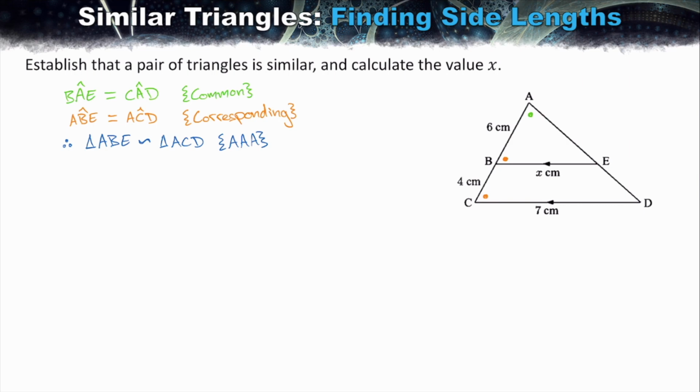What we know about these two triangles now is the ratio between the sides of them will be equal to each other. So you could look at the ratios of corresponding sides, which is what we tend to do.